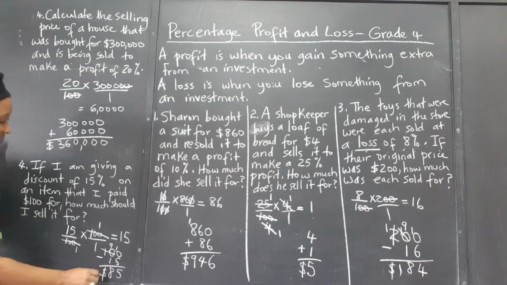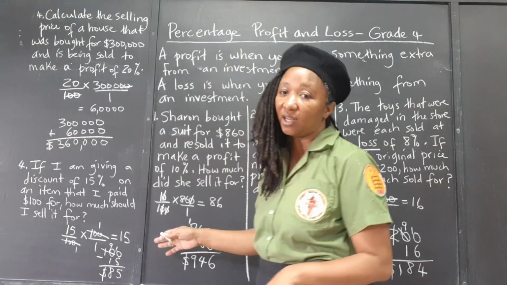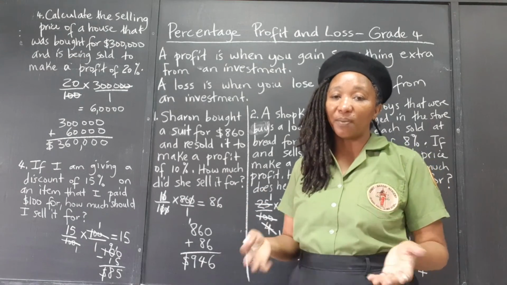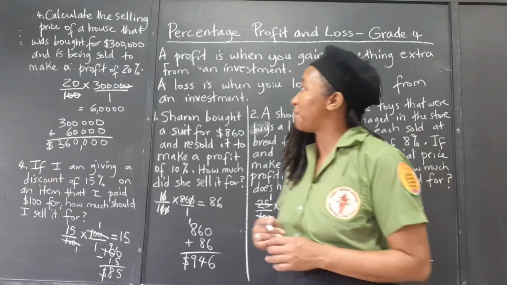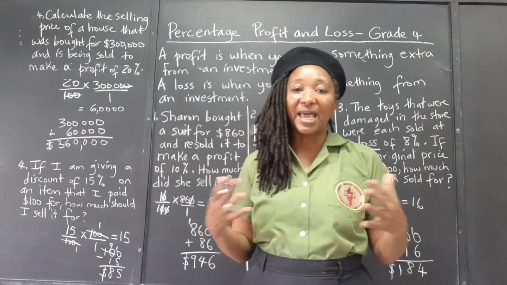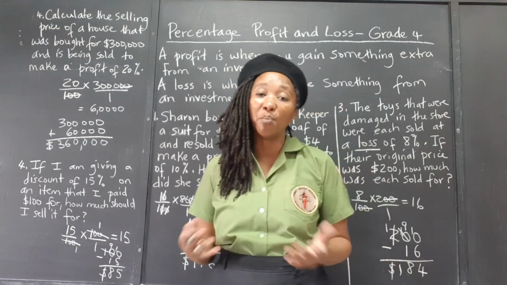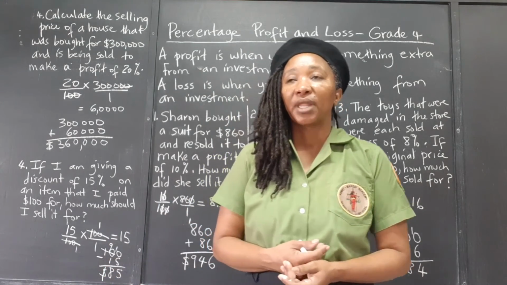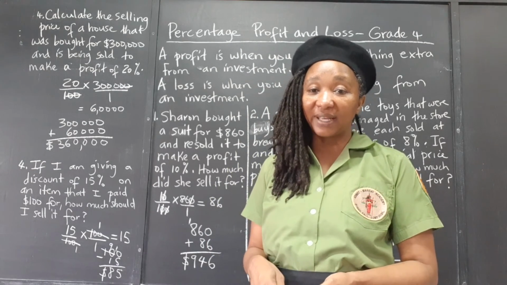So you're selling back this item for $85 even though you paid $100 for it, or you're normally selling it for $100, right? So just remember, a profit is extra. And usually in maths, when we say profit, we're talking about money, or at least an amount. So it's the extra amount that's gained from an investment.